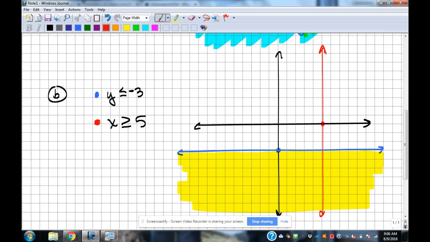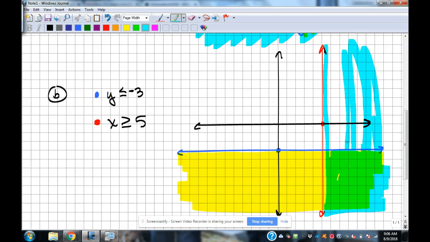That's where the solution area is. And we know that this area extends on down indefinitely. It never stops.